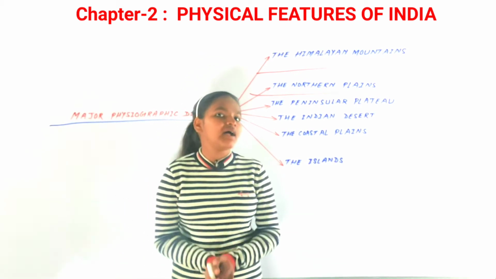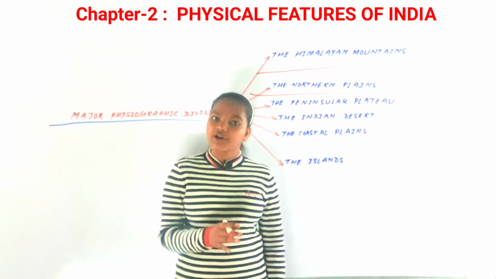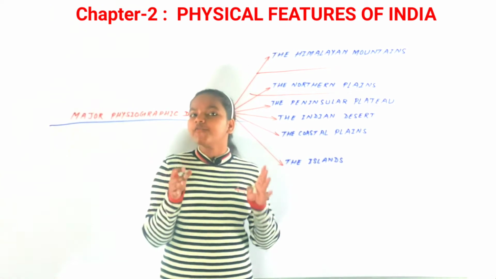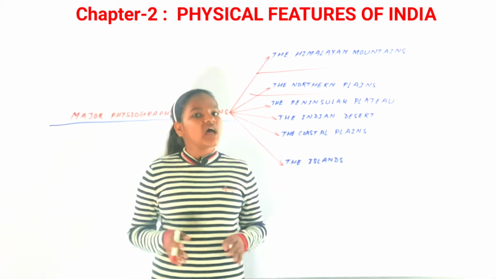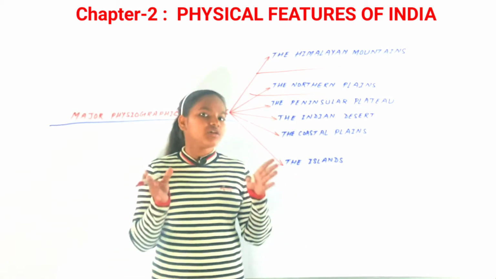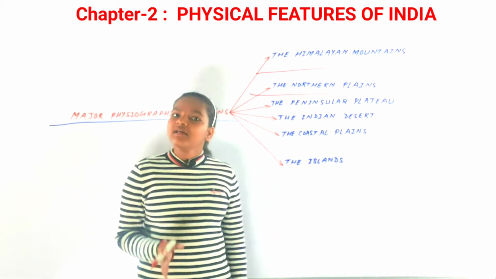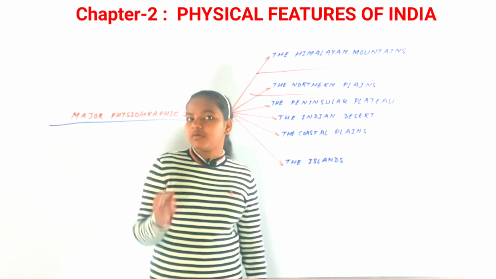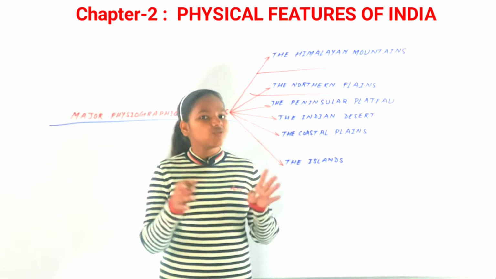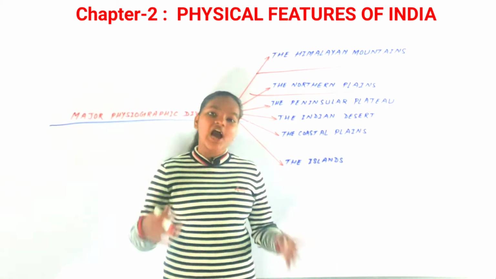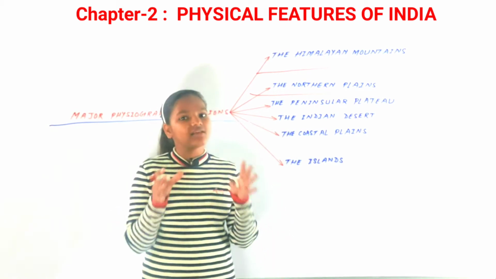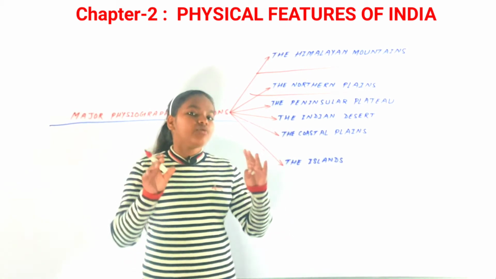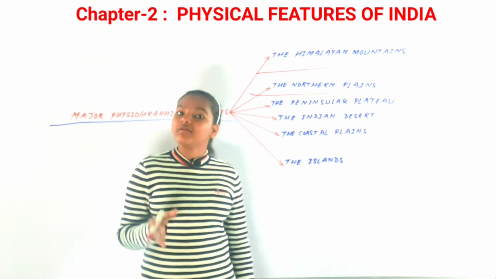Now there are 3 sections of the northern plains. The first one is the Punjab Plains. The Punjab Plains are the western part of the northern plain, formed by the Indus River and its tributaries, the Jhelum, the Chenab, the Beas, the Ravi rivers, and many more. Most of this plain lies in Pakistan.